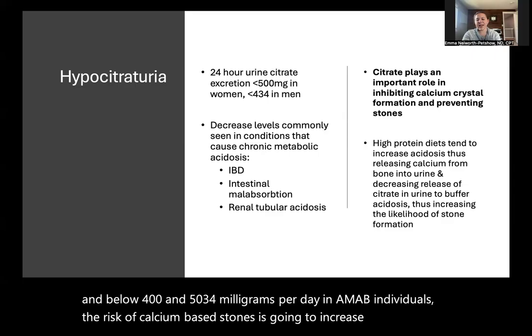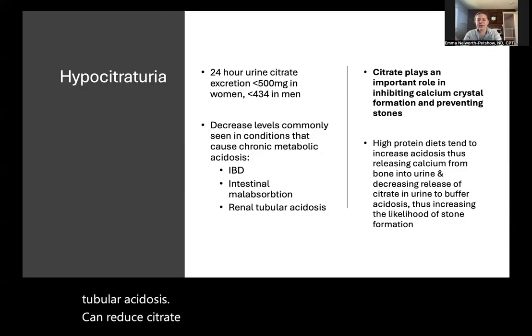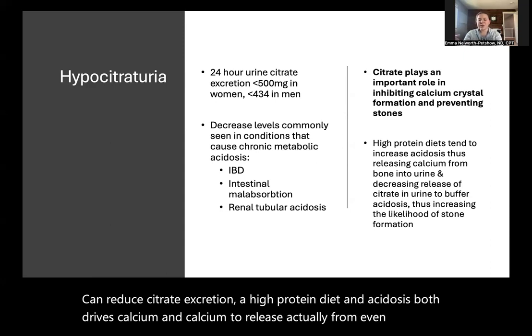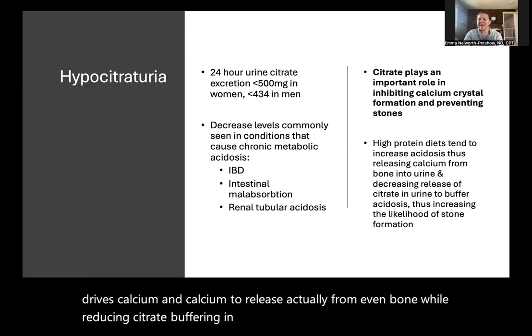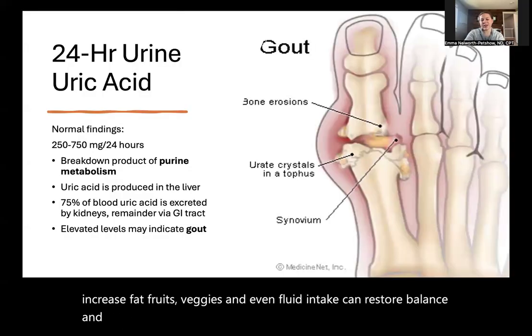Chronic metabolic acidosis seen in IBD, malabsorption, and renal tubular acidosis can reduce citrate excretion. A high protein diet and acidosis both drive calcium to release, actually even from bone, while reducing citrate buffering in the urine. So counseling patients to increase fat, fruits, veggies, and even fluid intake can restore balance and reduce these recurrences.